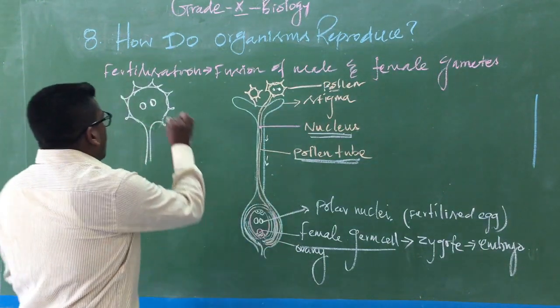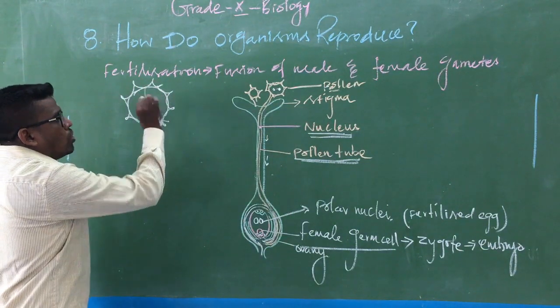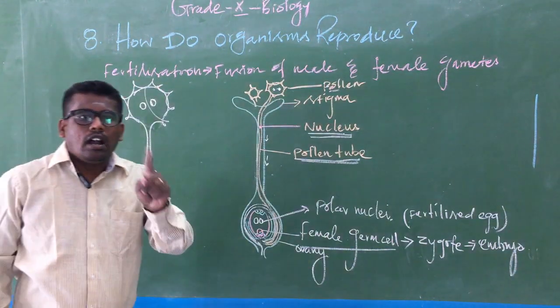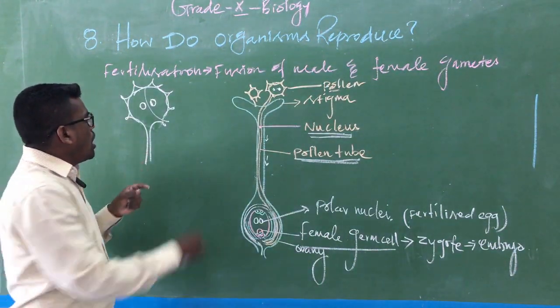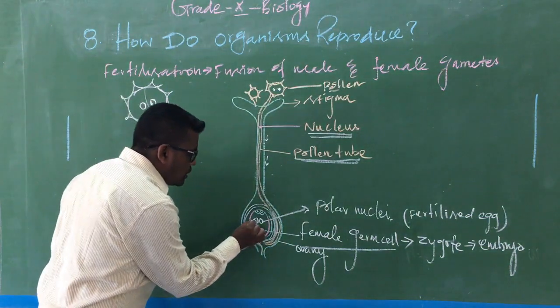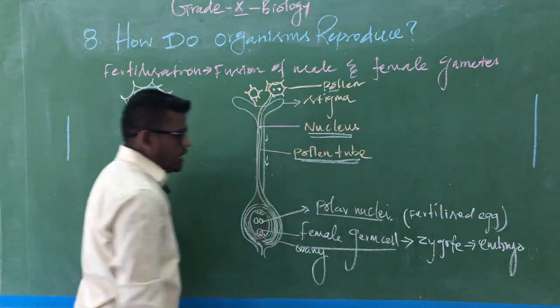Out of the two nuclei in the pollen grain, one nucleus fused with the female germ cell and forms the zygote and embryo, which grows into the future plant. The other nucleus fused with the polar nuclei.